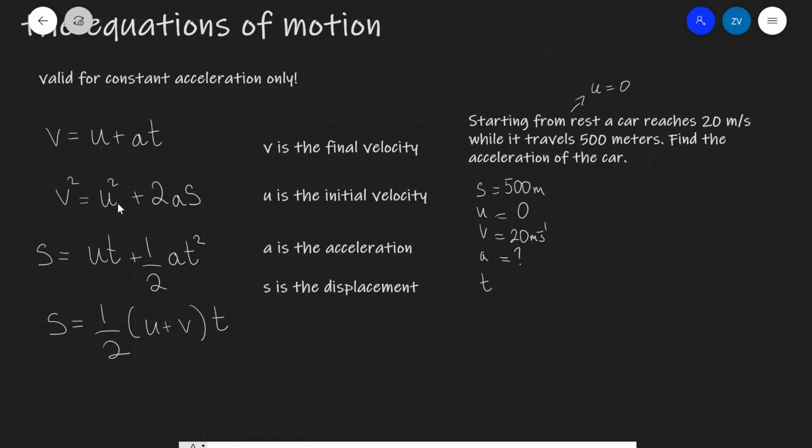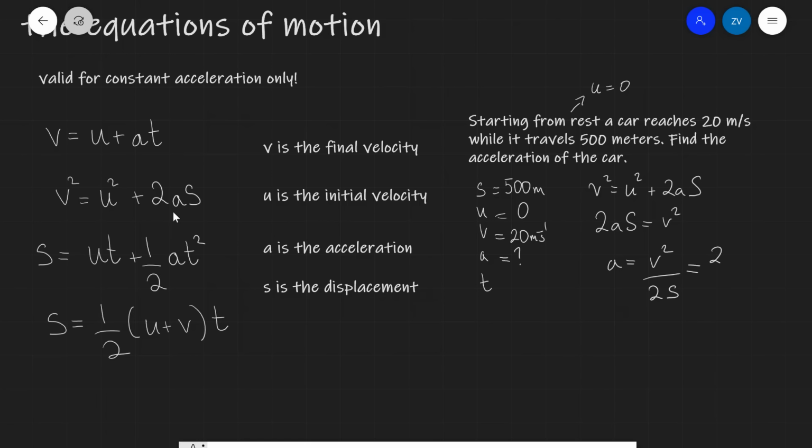v squared is equal to u squared plus 2as. So I'm going to use that equation and rearrange for the acceleration. 2as is equal to v squared minus u squared. However, remember u is equal to 0, so I'm just going to remove that term, and the acceleration will be equal to v squared over 2s.